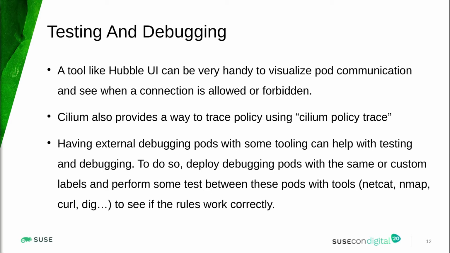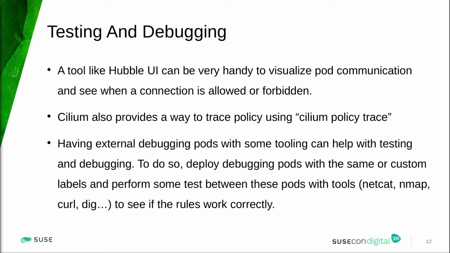And these debugging pods must have the same labels as the original workloads. Let's take again the MariaDB example: you have this MariaDB pod with the label app equals MariaDB. You will create another pod in the same namespace with this label app equals MariaDB, but you will use the image with all the tools you need, and you will do the same on the other side.